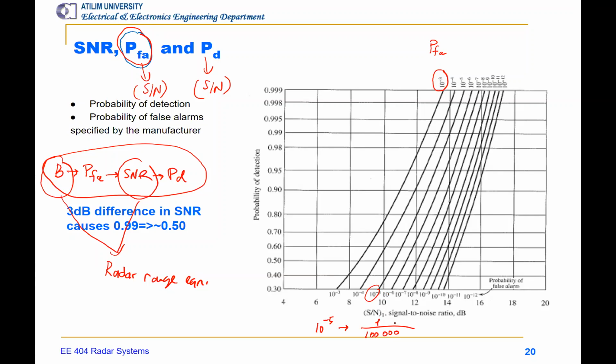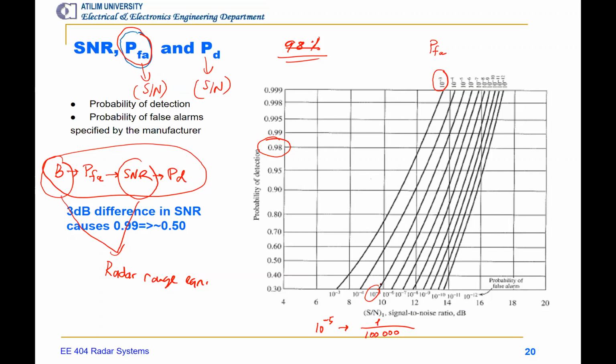That's the probability of false alarm that I can tolerate, for example. And suppose that the probability of detection that I can tolerate is 0.98, so 98%. So I want to detect target echo signals at 98% on average. And how much SNR do we need now at the receiver side?